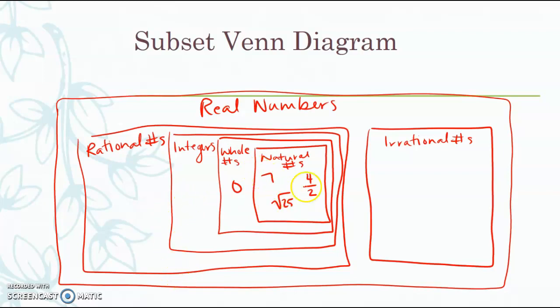Other than that, everything that is a natural number is a whole number, which is why, when you think of a Venn diagram, what overlaps is the same. So our natural numbers are inside the whole numbers, which means that every natural number is also a whole number. And if you notice, both of them are inside the integers, which means that if it's a natural number, a whole number, it is also an integer.